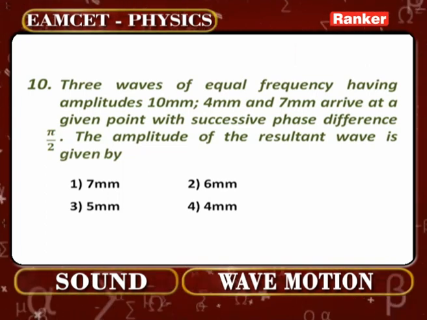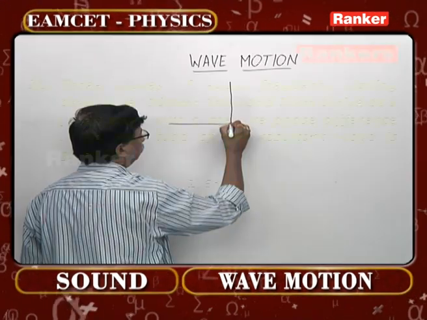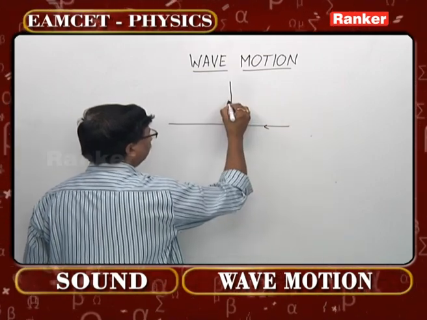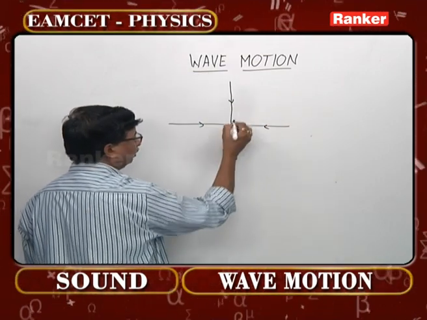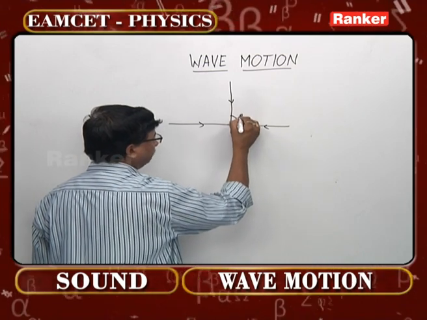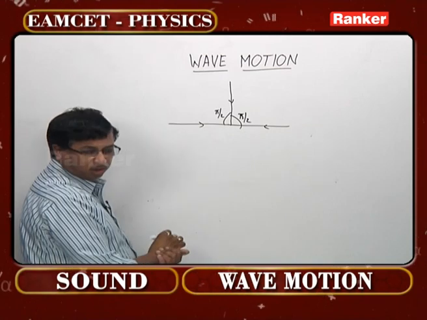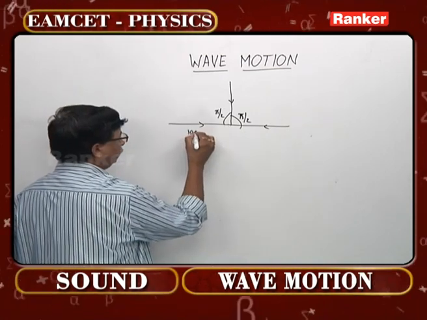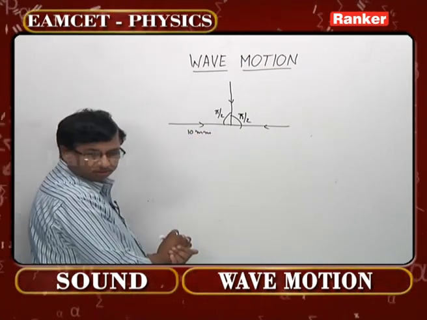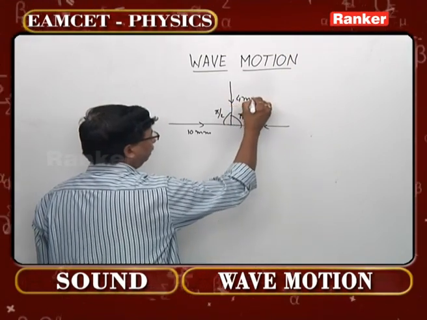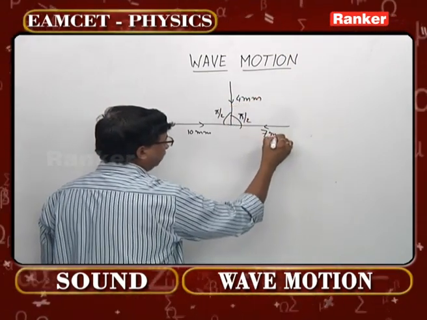Only thing is three waves are entering a point. One is coming this way, one is coming this way, one is coming this way. This difference is pi by 2. This difference also is pi by 2. What are the values given? This is 10 millimeter, this one is 4 millimeter, and this one should be 7 millimeter.